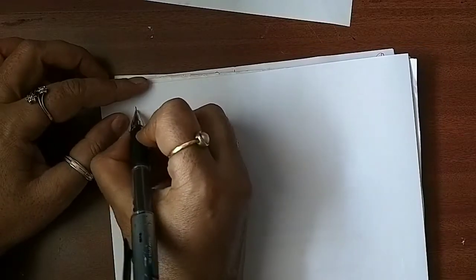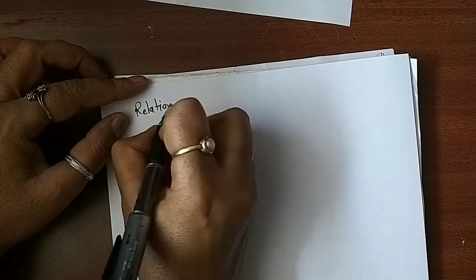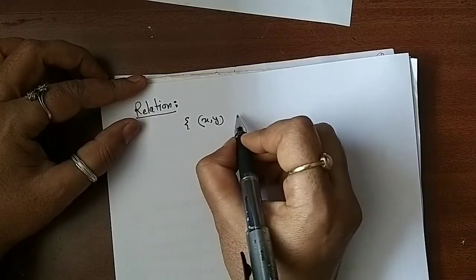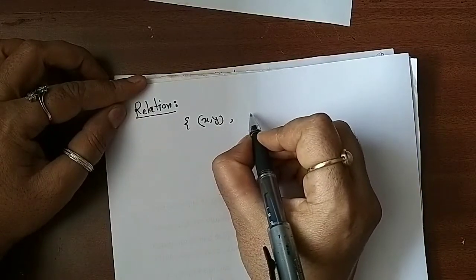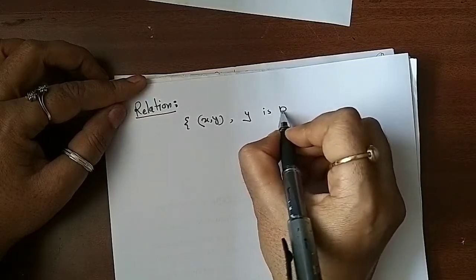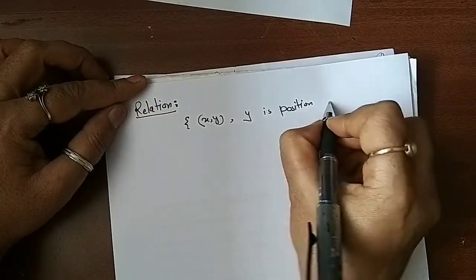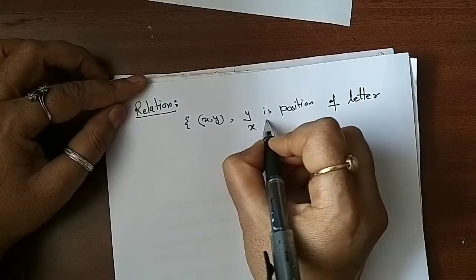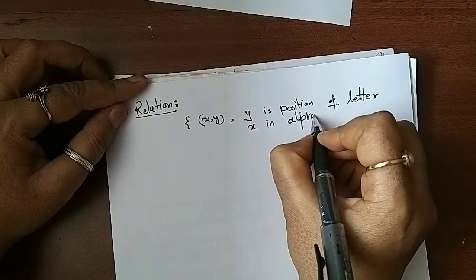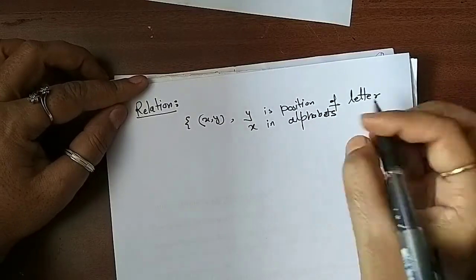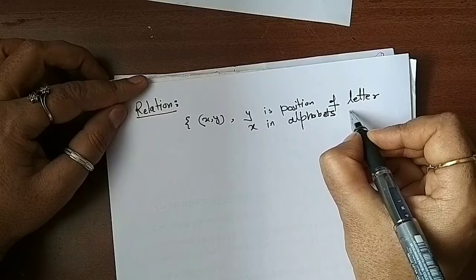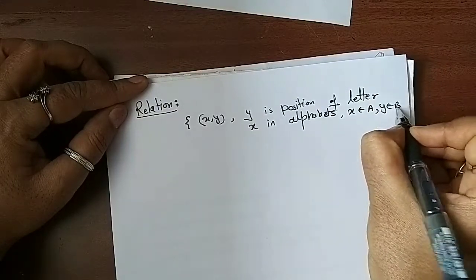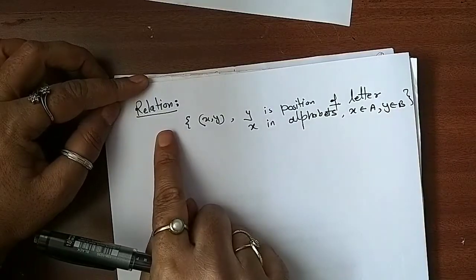Write down, guys, relation. So how have I defined a relation? Suppose the relation is defined as (x, y) such that y is the position of letter x in the alphabets, where x is picked up from A and y is picked up from B. That is how we show the relation.